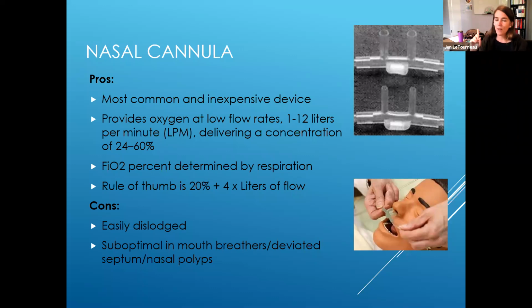These are slides from a different friend. So what I say is for every 1 liter of oxygen, you get about 4% increase in FiO2, which is why when we extubate people, we want their FiO2 to probably be around 50%, because we could still get by with oxygenating them via nasal cannula once we took them off the invasive mechanical ventilation.